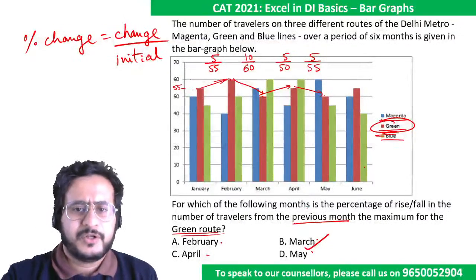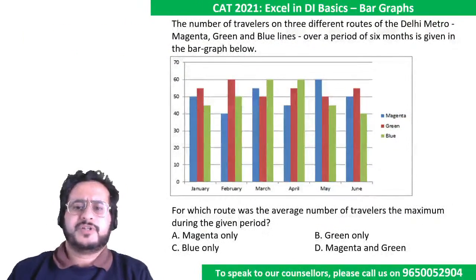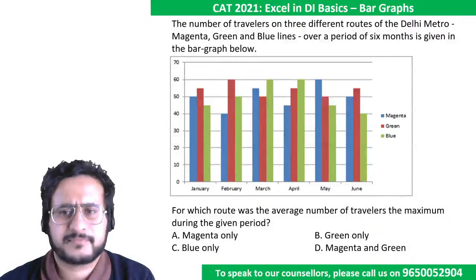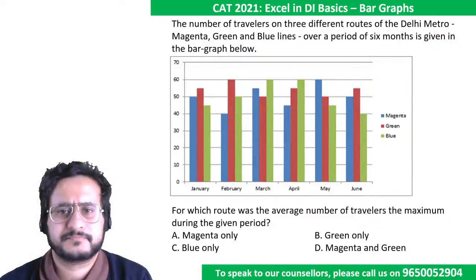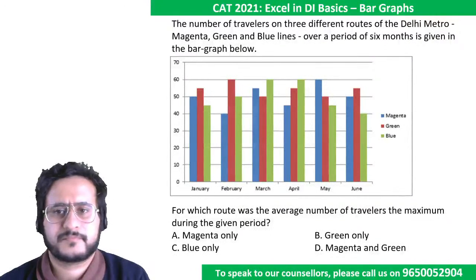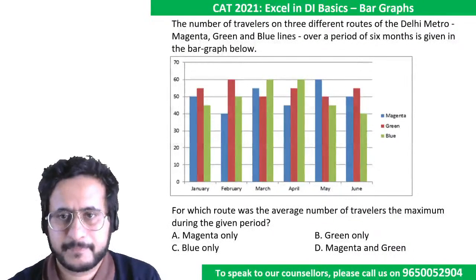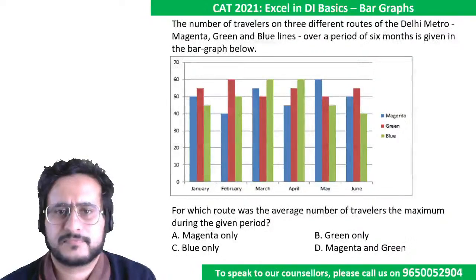Okay. All right. For which route was the average number of travelers the maximum during the given period? You have to tell for which route the average number of travelers was the maximum. Magenta, green, blue.